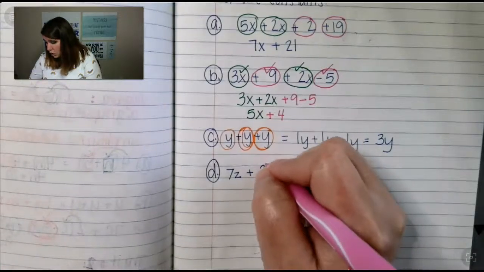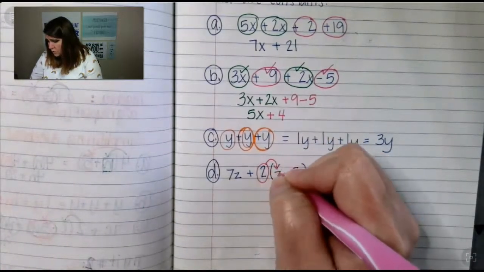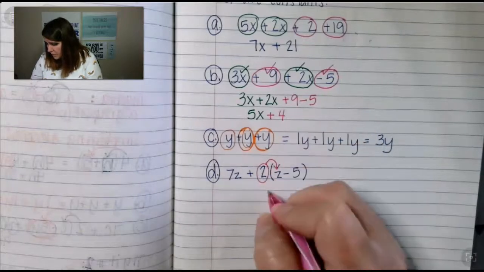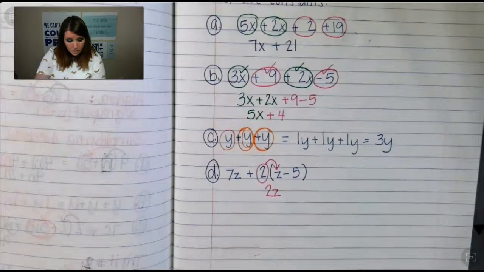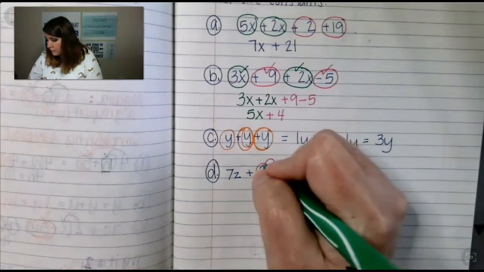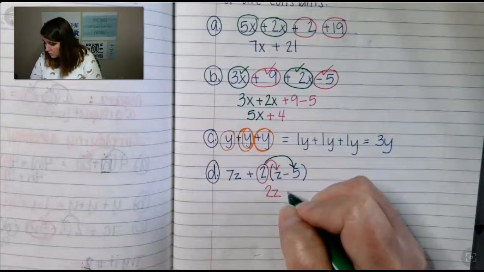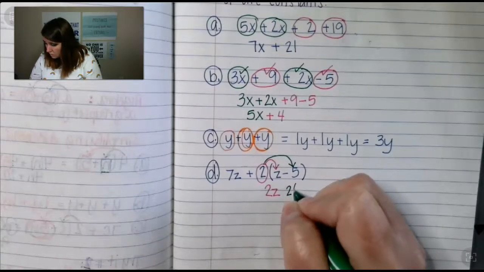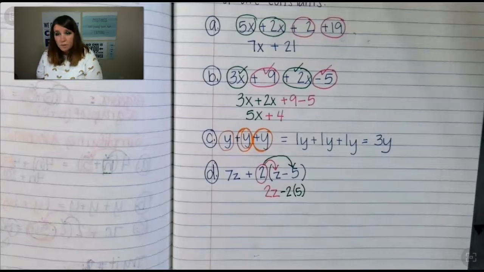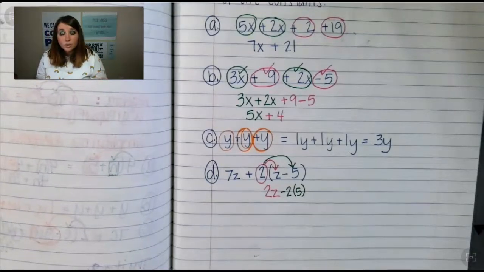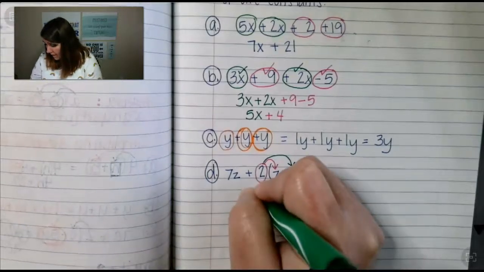We're going to take this 2, and we're going to share it with the z. 2 times z gives us 2z. 2 times 5 gives us 2 times 5. We have to put our minus sign in there. Or you could have just written 10 if you can do that right away.